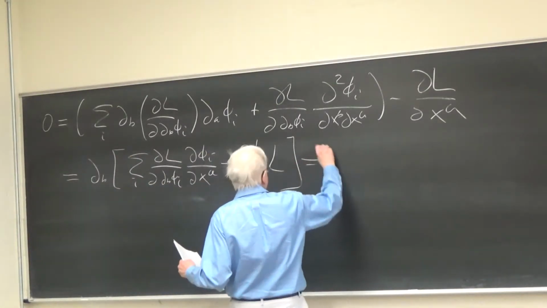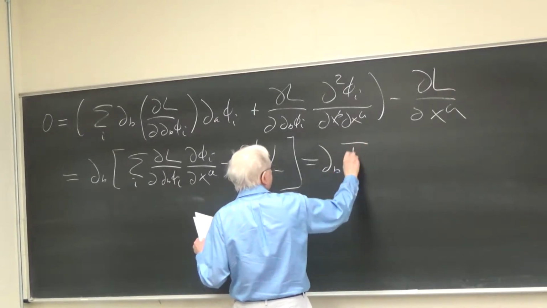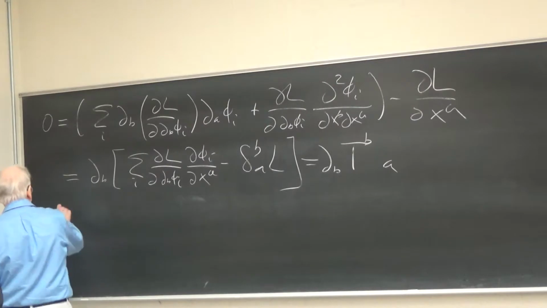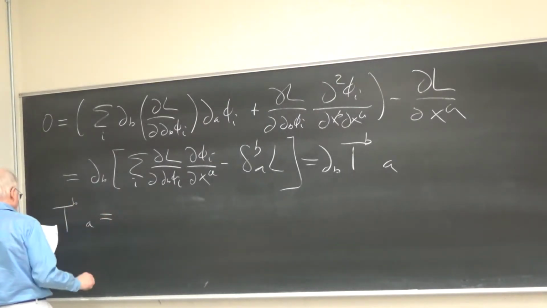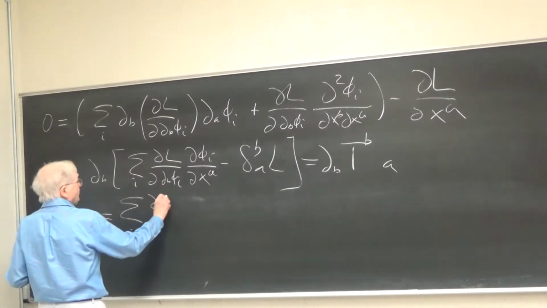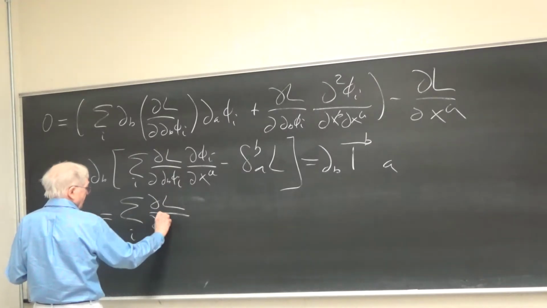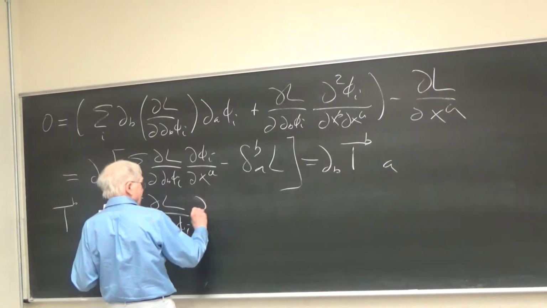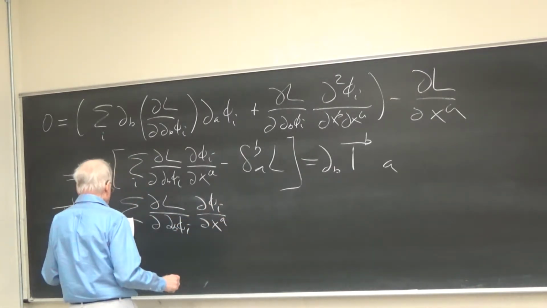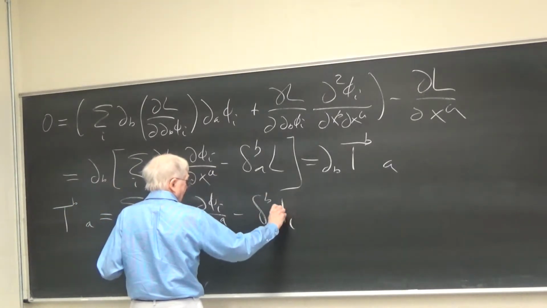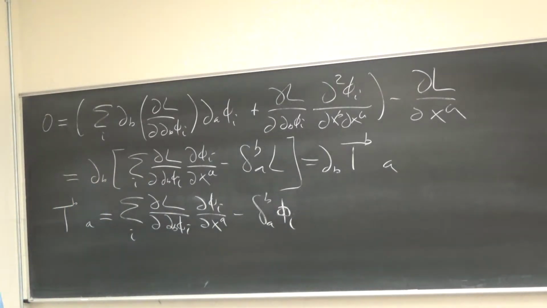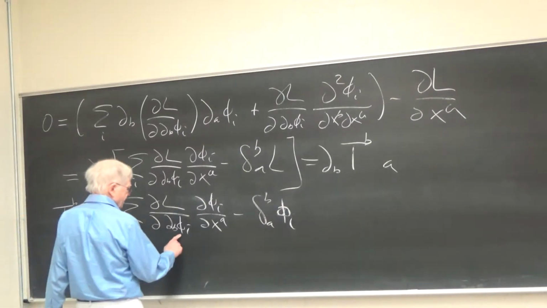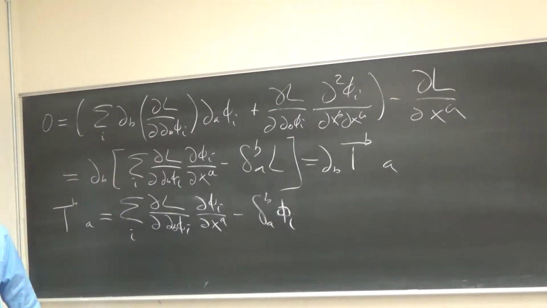So this we can rewrite as the derivative of T, where the stress energy tensor, or the energy momentum tensor, is a sum on i of partial L, partial with respect to the x^b derivative of phi_i times the x^a derivative of phi_i, and then minus delta_ba L. So this is the energy momentum tensor, and these components phi_i could be components of a spinor or a vector field, and won't have the same expression.